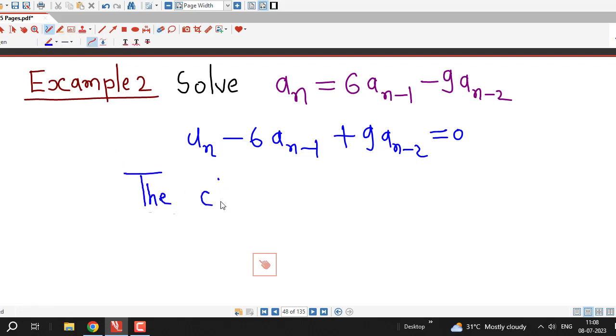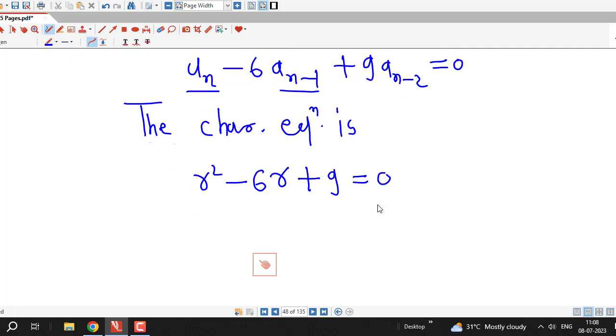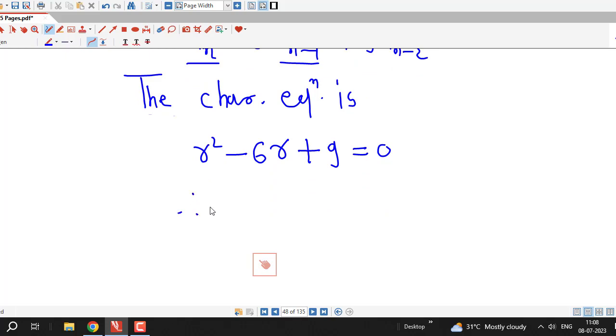The characteristic equation is r squared, where the coefficient is 1, minus 6 times r, plus 9 equal to 0. We can see that this is nothing but the square of r minus 3.